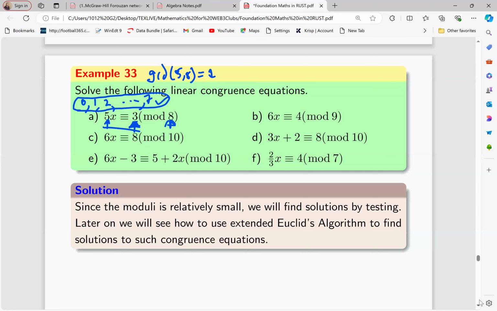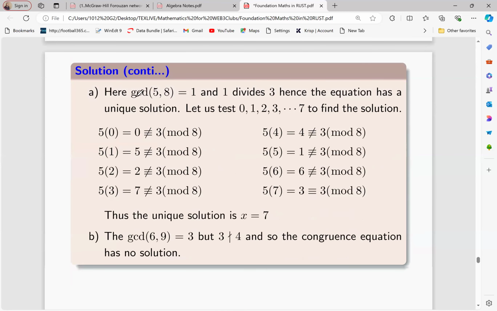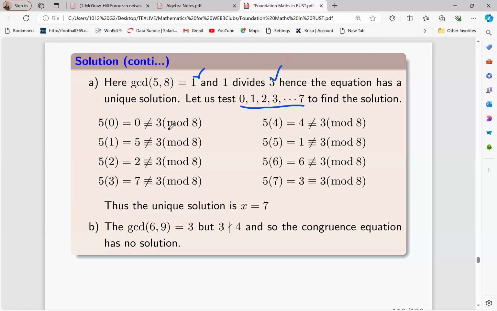So we have those approaches. Now, for this first question, we already found that the GCD was 1, and that 1 divides 3, and therefore we have one solution among these 8 numbers.